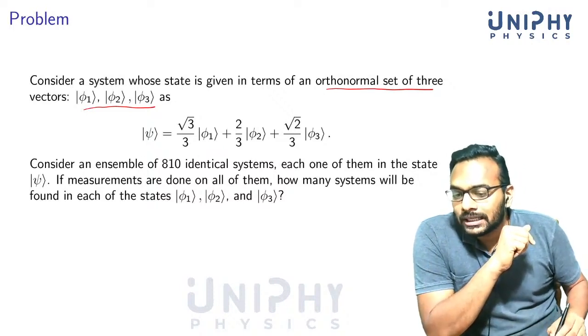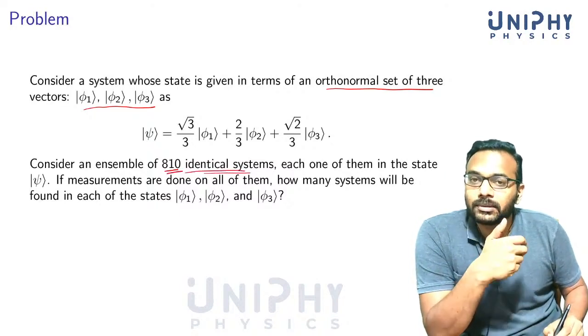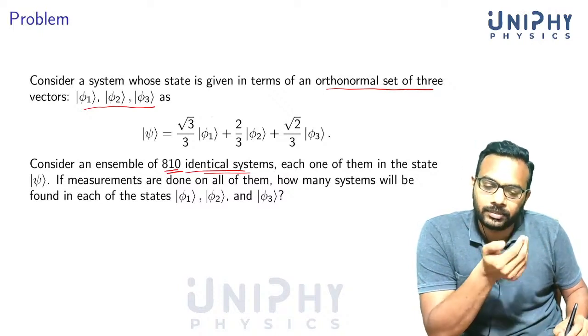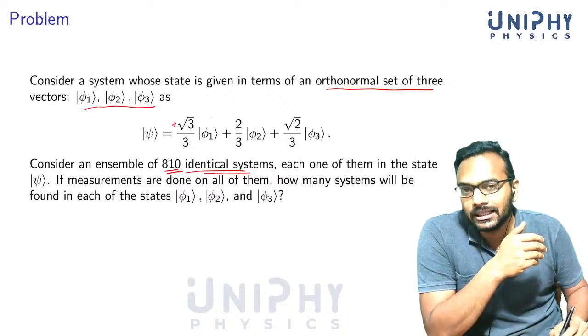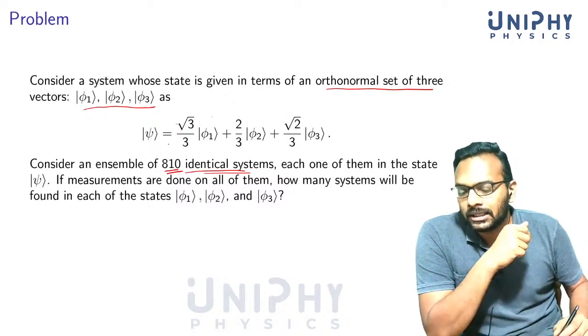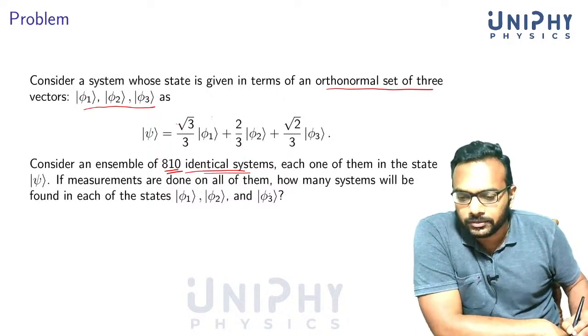Now consider an ensemble of 810 identical systems, which means that you are preparing so many systems. You are preparing 810 systems exactly in the same state, in the state governed by this particular state vector.